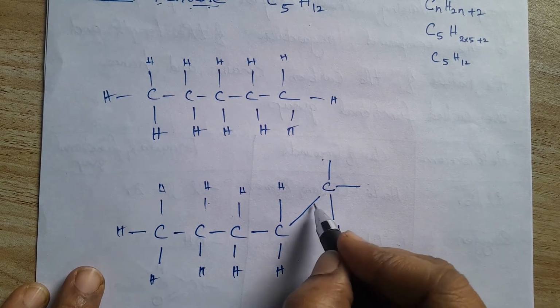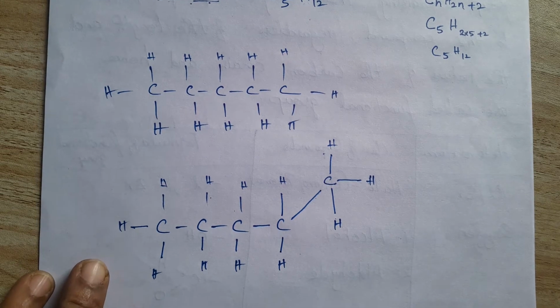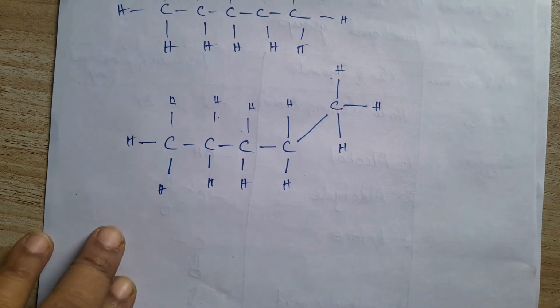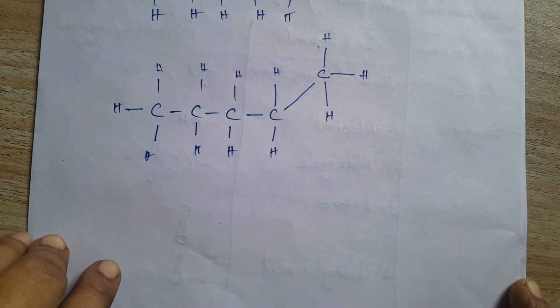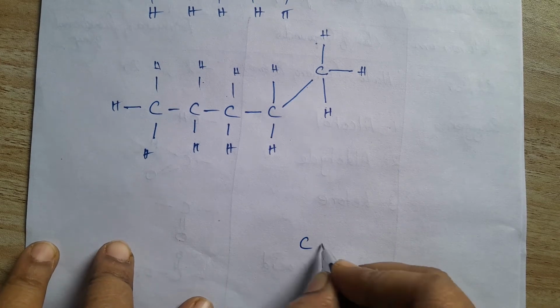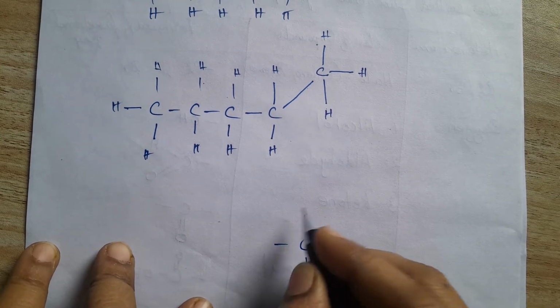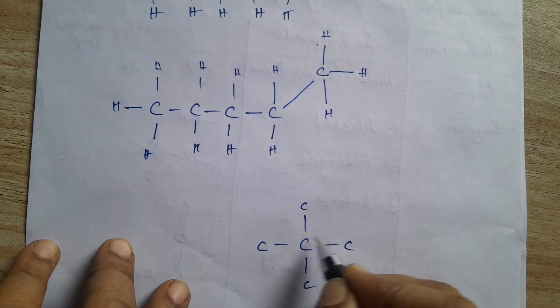Carbon valency is also satisfied, 1 2 3 4 here. Okay, and one more structure. This is also a branched one. Okay, this carbon valence is satisfied.